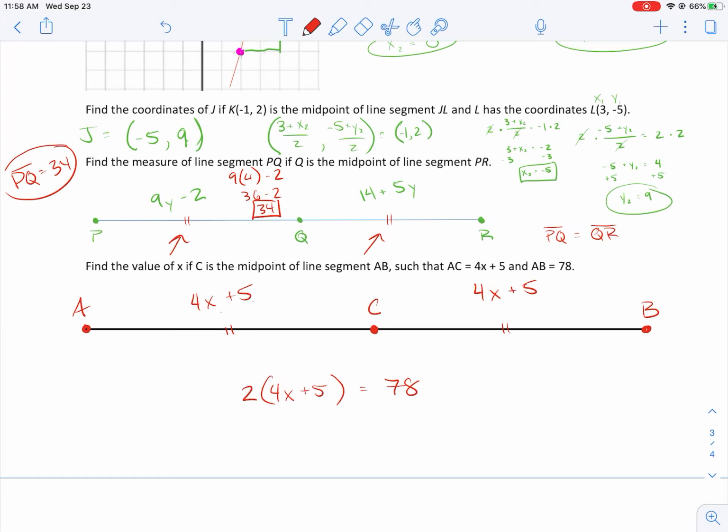Either way works. This plus this is equal to 78, or 2 times that length is equal to 78. So multiply that in. 8x plus 10 is equal to 78, minus 10 on both sides. 8x is equal to 68.